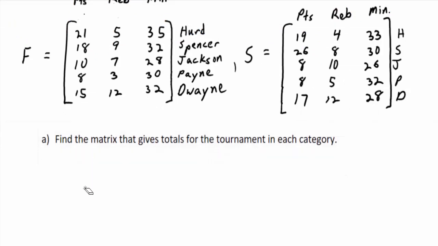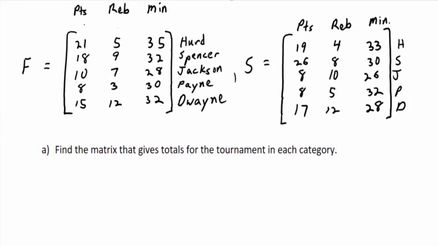Now that you understand that, let's do a couple of operations. Or let's just talk about the first one, because it would be boring for us to actually do it. So let's just symbolically represent this. Find the matrix that gives the totals for the tournament in each category. What would that be symbolically using F and S?